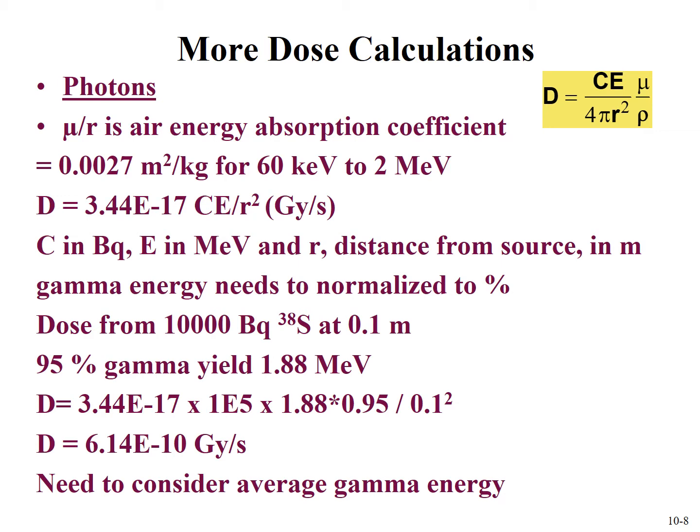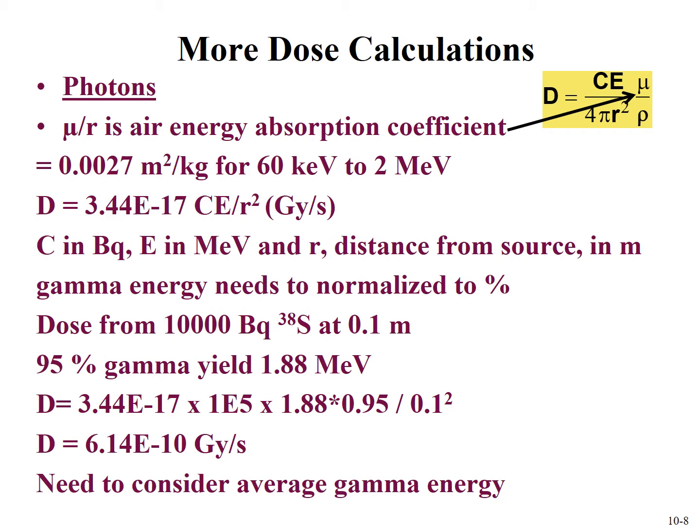We can use a different equation for calculating dose from photons. The equation is listed here, and it contains different terms. One is the air absorption coefficient, mu divided by rho, shown here. This is a coefficient that describes the absorption of photons by air, and the values listed here. And this is generally consistent from 60 keV to 2 MeV. So for most photons that would be released from radioactive isotopes, this value can be utilized.